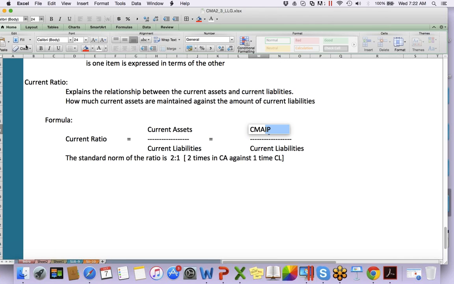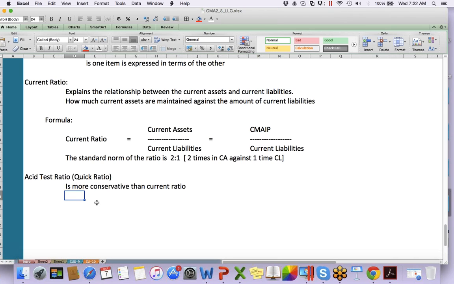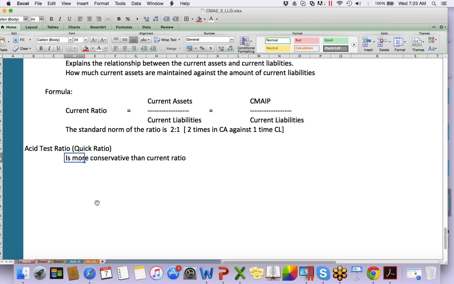Therefore, you need to calculate the other ratio called the acid test ratio, also called the quick ratio. This ratio is more conservative than the current ratio, meaning it gives much importance to liquidity.